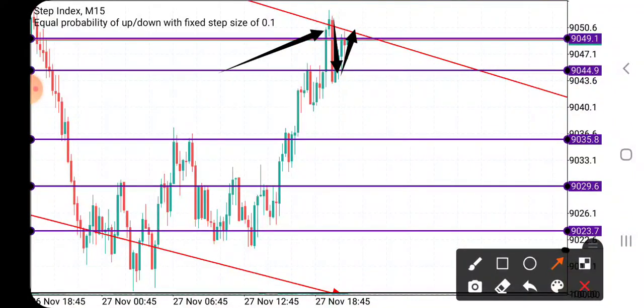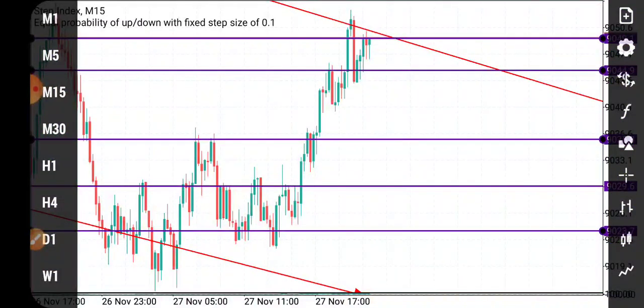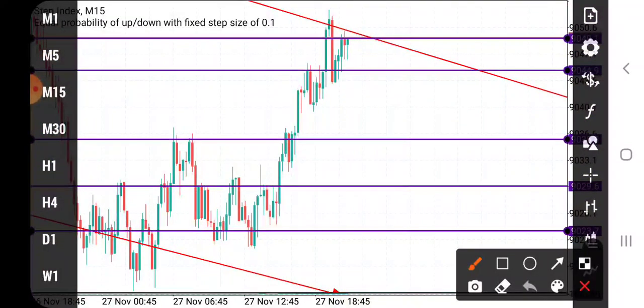Okay, so currently if you look at what the price is doing, the price is kind of reacting to that resistance. So we want to see the price obey the resistance or break above that resistance so that we continue. As you can see, the price is making this movement right here after the double top that formed.